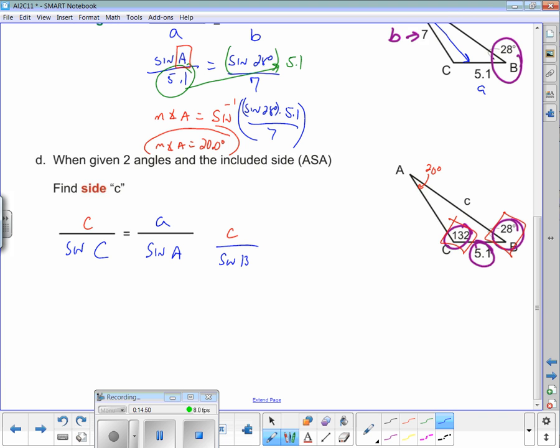Angle C is 132 degrees equals side A 5.1 over the sine of angle A 20 degrees. Bottom, go to the top, across the equal sign. Okay, so there we are. I'm going to punch that in and see where we end up.